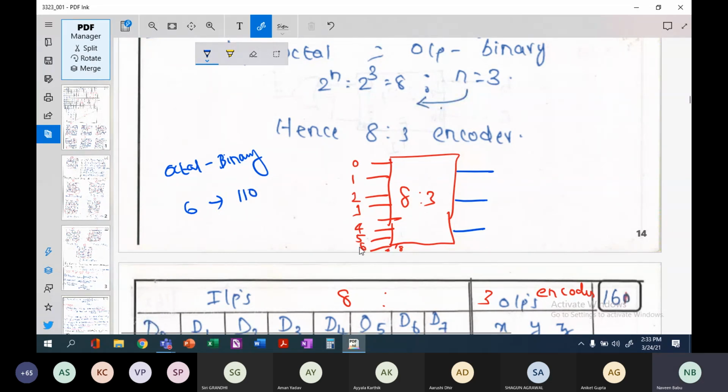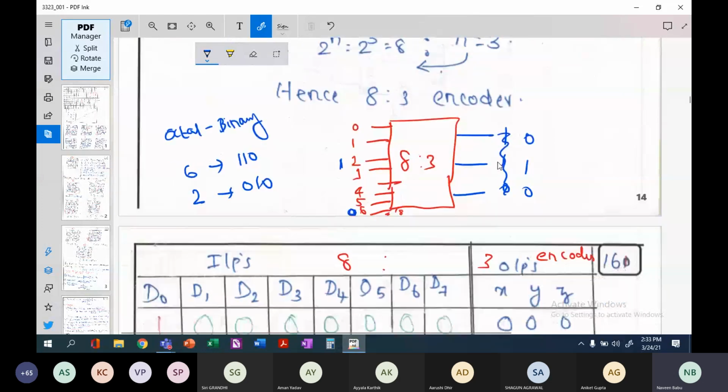So if I'm giving 1 across my 6, then the output that I must get must be 1, 1, 0. If I'm giving 2, then my output must be equal to 0, 1, 0. So if I'm giving a 6, so 6 will be 0 now. My 2 will be 1 here. Then my output will be now 0, 1, 0. This is what the function of an encoder is.